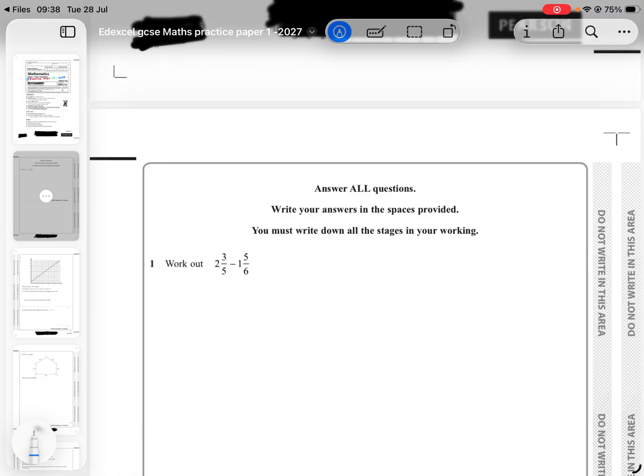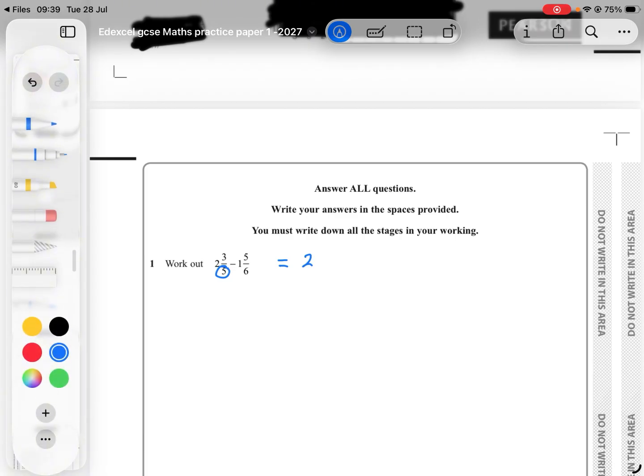So, you have the whole number 2 times the denominator 5. That means 10.